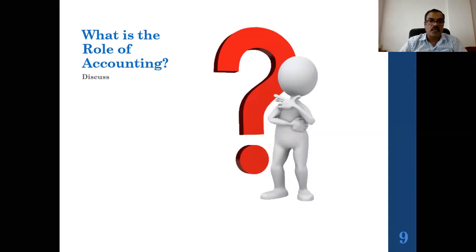Within these accounting and managerial arenas, you will have lots of positions. But assuming for the time being that you are going to be a professional accountant, what should you do as an accountant? The role of the accountant is the biggest challenge.